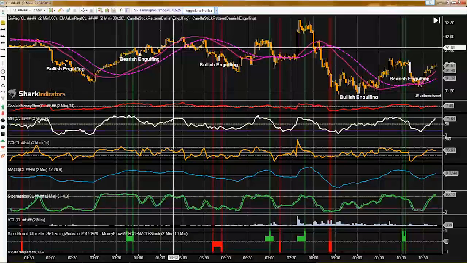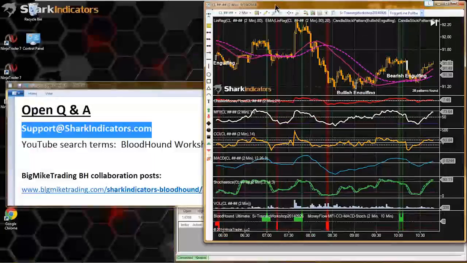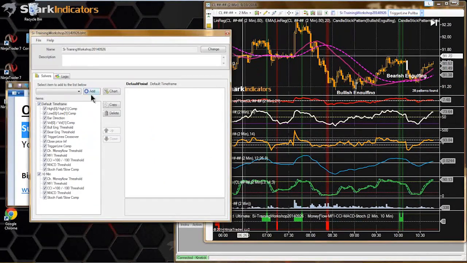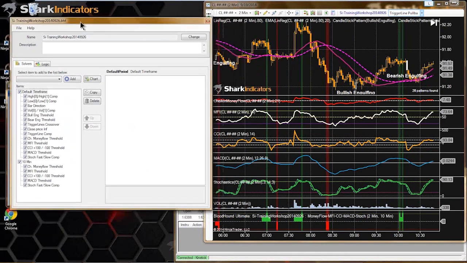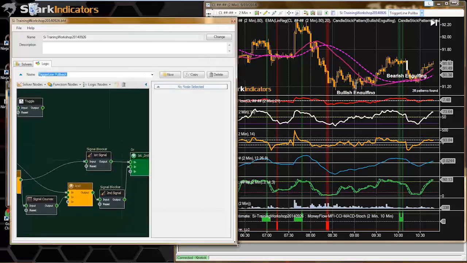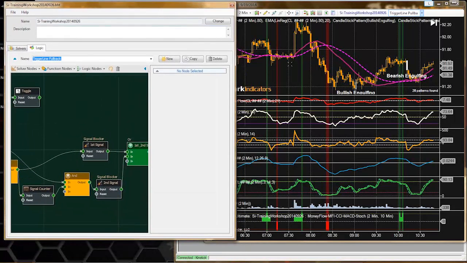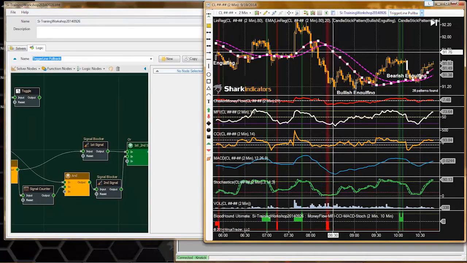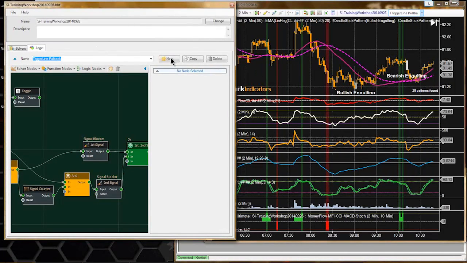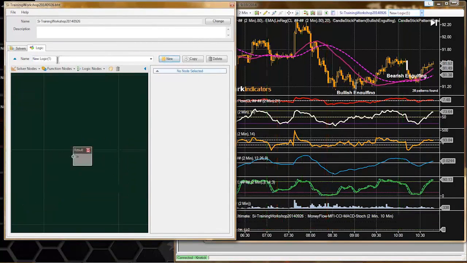Let's see. Let me build a quick crossover logic here, and we'll just use the two moving averages that I already have on my chart.